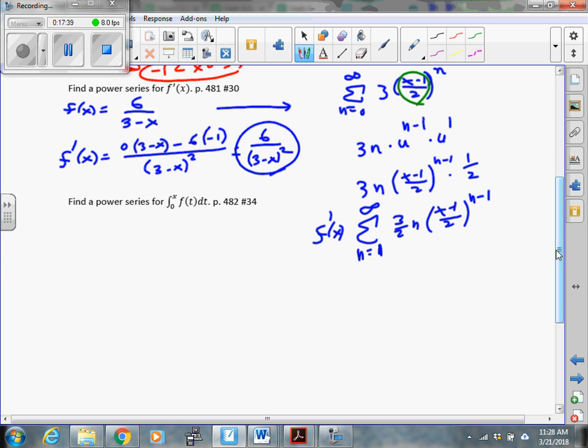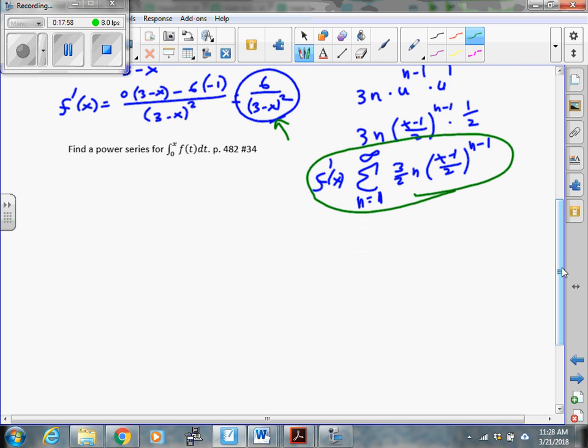Okay, now we're going to do the same thing with the integration. So we're going to do it two ways, like we did before. We created a series, or summation, for it, and we created a function for it. Now I'm going to take that original.